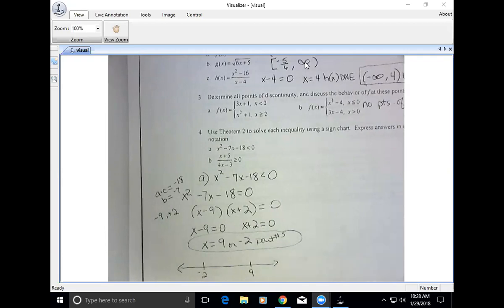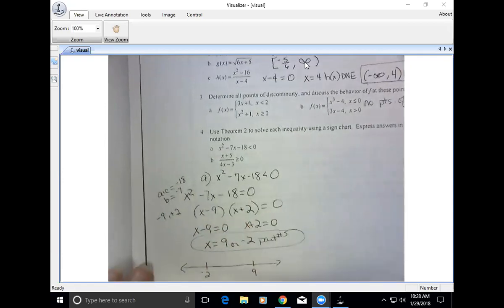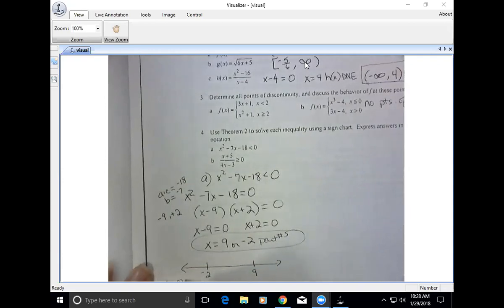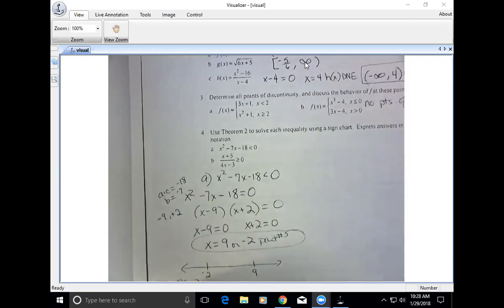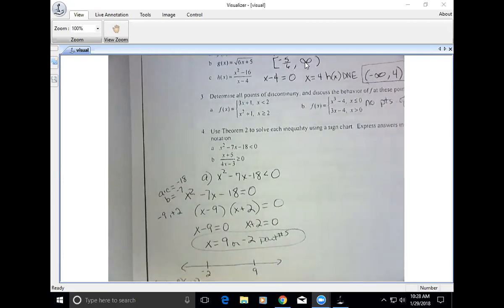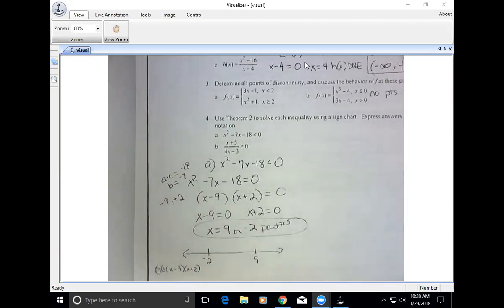It's going to be easiest to figure out if we look at the factored form, x minus 9 times x plus 2. If I pick a number to the left of -2, what would be just to the left of that? -3. So let's see what happens if we put -3 in there.